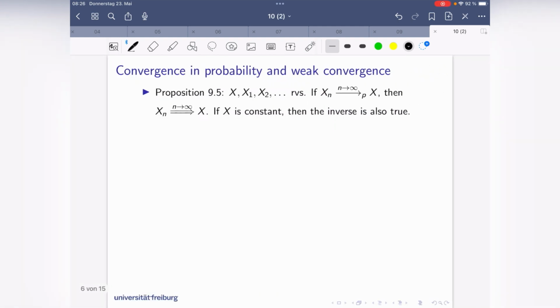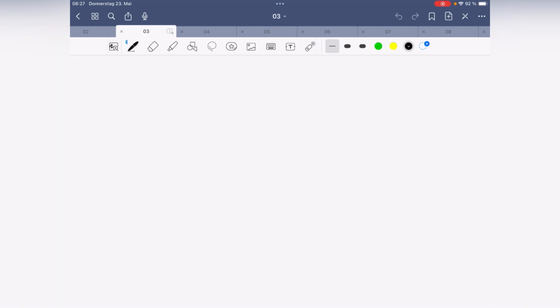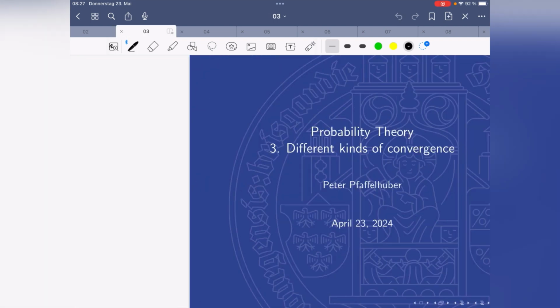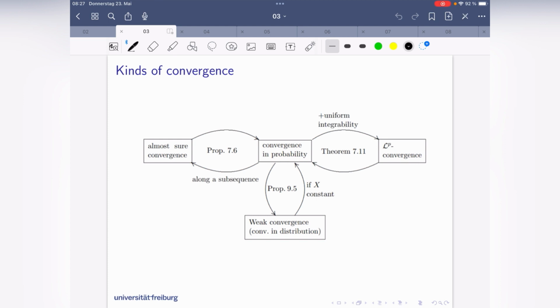Of course, since we have a new notion of convergence, we need to see how that interacts with our other forms of convergence. Now we have this result. Let me see if I can find the graphic I looked for.